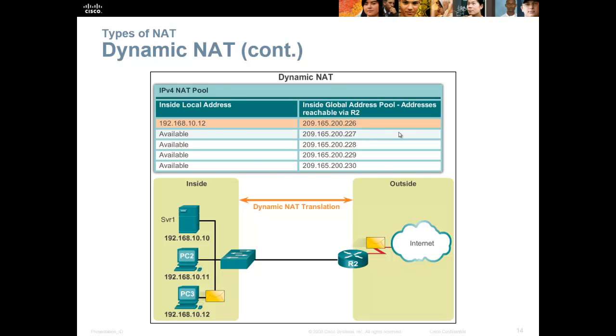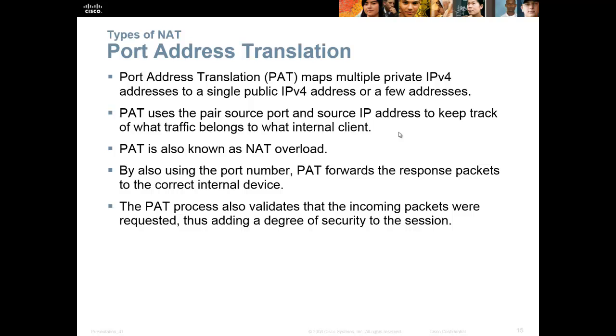And that third choice is port address translation, or PAT. It's sometimes called overload, and in the command that you use, you'll put overload. What this does is allow one to many. So every home is set for PAT. Most businesses are set for PAT.